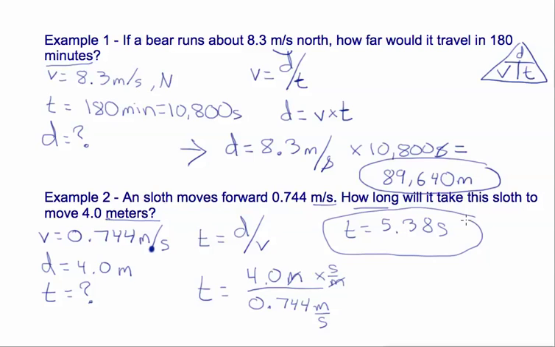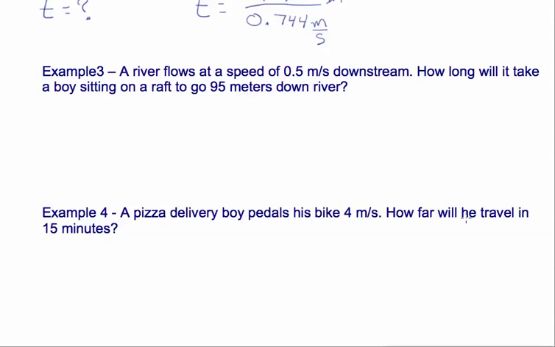Okay, example 3. A river flows at a speed of 0.5 meters per second downstream. How long will it take a boy sitting on a raft to go 95 meters down the river? And I don't know if you've noticed, but all of our velocities have had a direction of some sort. In this case, it's downstream.